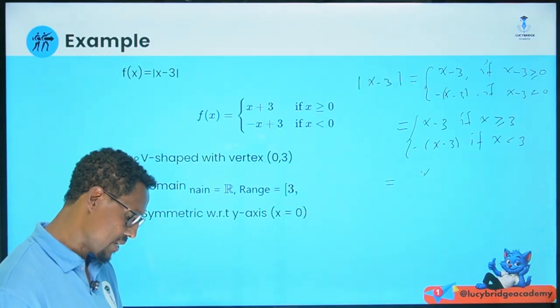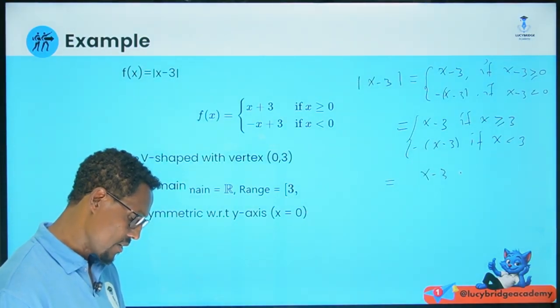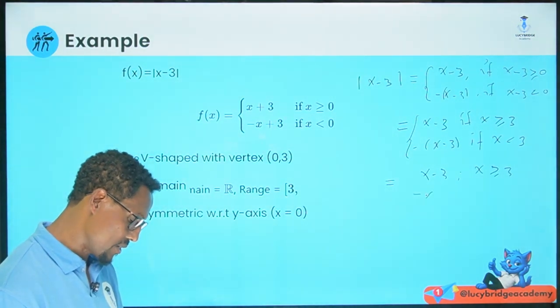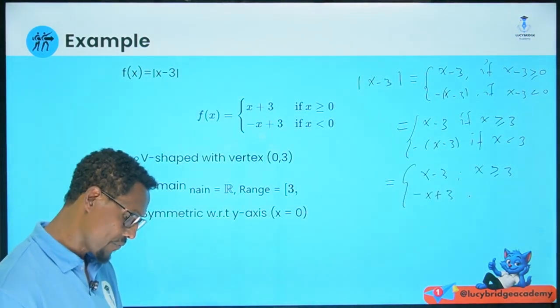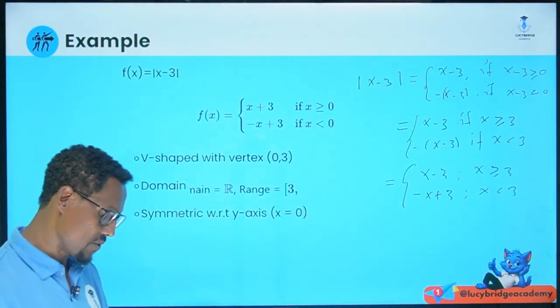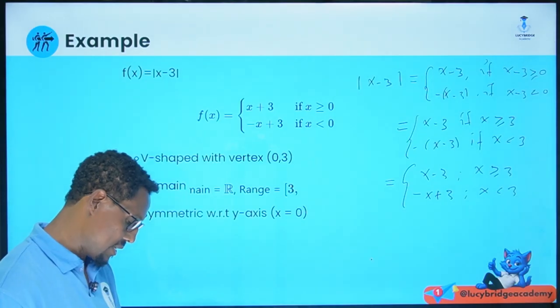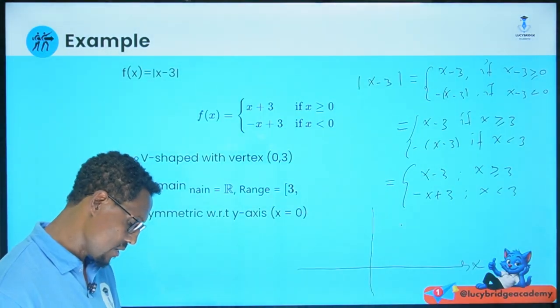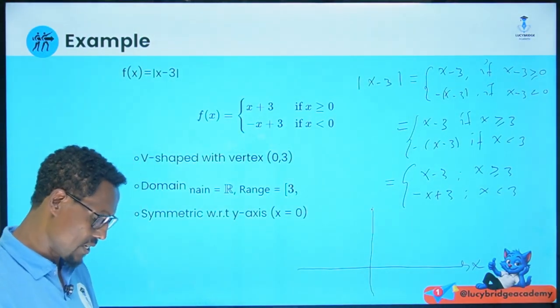Or simply you can write this as x minus 3 if x is greater than or equal to 3, and minus x plus 3 if x is less than 3. So what does the graph of this function look like? Here are the y axis and x axis.